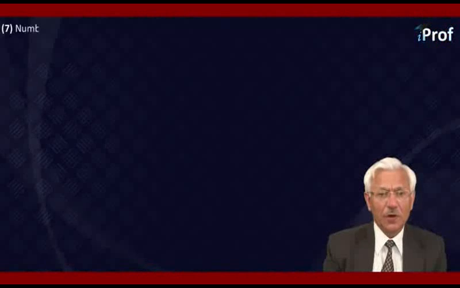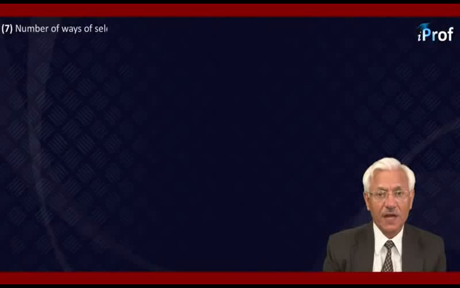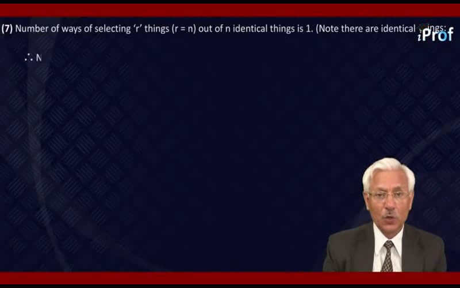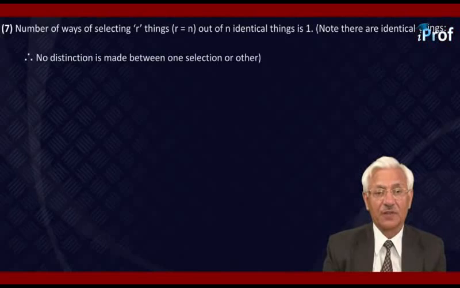The number of ways of selecting r things, where r is smaller than n, out of n identical things is 1. Note that these are all identical things, so no distinction is made between one selection or the other selection.